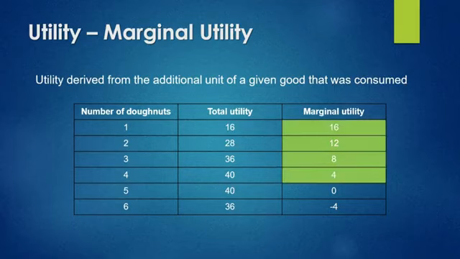And so we look at this positive utility, which is from units 1 to 4. We look at our fifth unit of donuts, which are consumed, and that's our maximum level of satisfaction. And then our negative utility is when we have too many donuts and we start to feel sick.